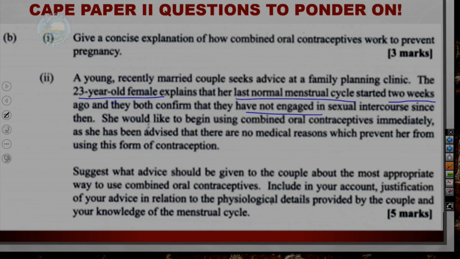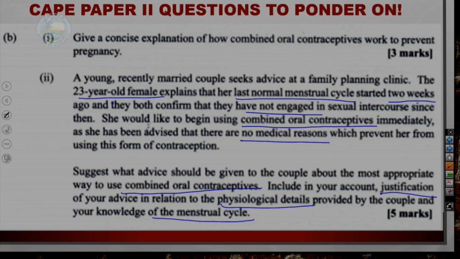She would like to begin using combined oral contraceptive immediately, as she has been advised that there are no medical reasons which prevent her from using this form of contraception. Suggest what advice should be given to the couple about the most appropriate way to use combined oral contraceptives, and include in your account justification of your advice in relation to the physiological details provided by the couple and your knowledge of the menstrual cycle.